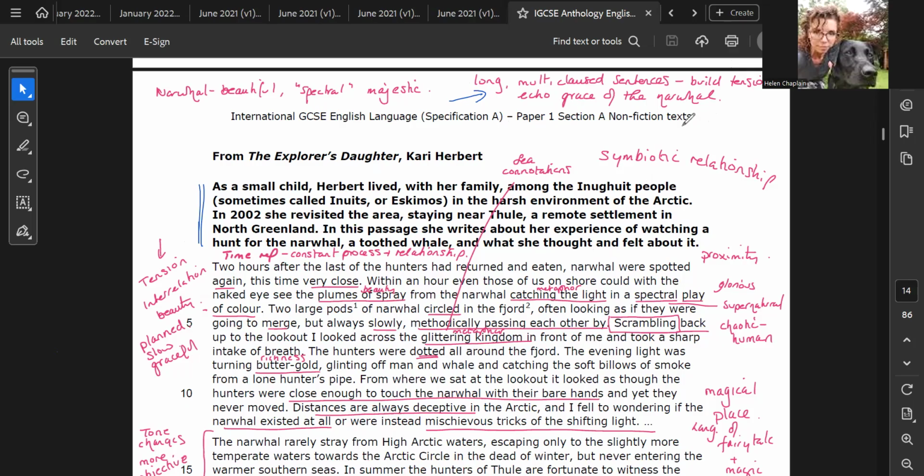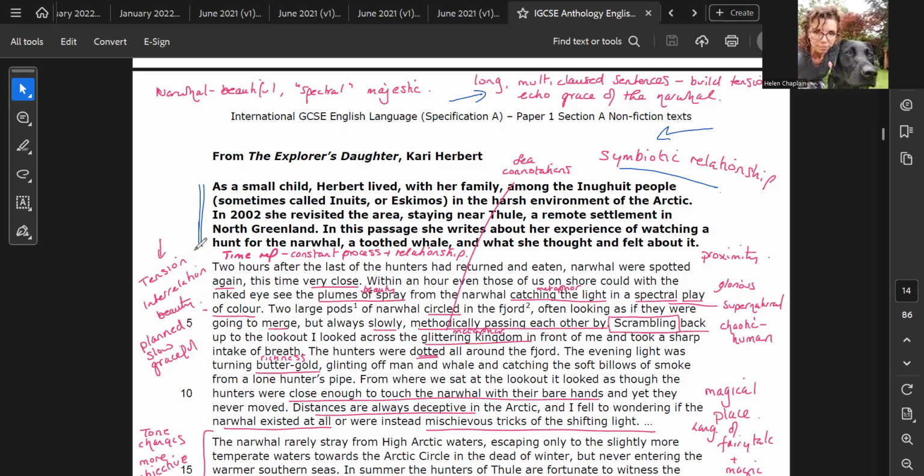It's looking at this idea of the symbiotic relationship between the narwhals and the hunters. Symbiosis is where both are equally dependent on each other. Part of the dilemma at the heart of this is that she wants the narwhal to escape because it's a beautiful, majestic creature, but also she wants the people to survive, because hunting the narwhal, getting the resources one narwhal provides, is absolutely key to the Inuit people.